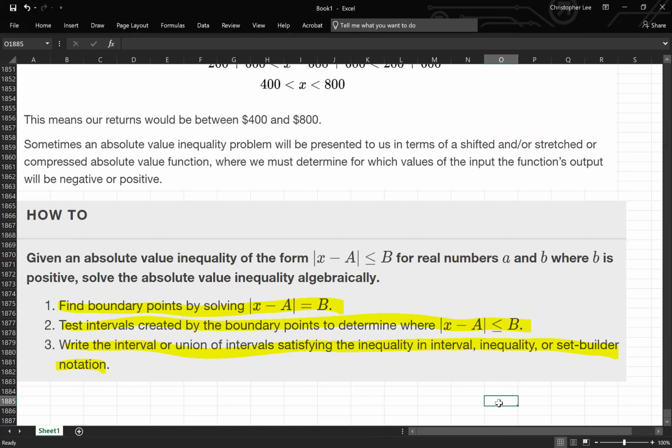Step one, find the boundary points by solving the absolute value of X minus A equal to B. Two, test the intervals created by the boundary points to determine where the absolute value of X minus A is less than or equal to B. And three, write the interval or union of intervals satisfying the inequality in interval, inequality, or set builder notation. That's just how we're going to write our answers.